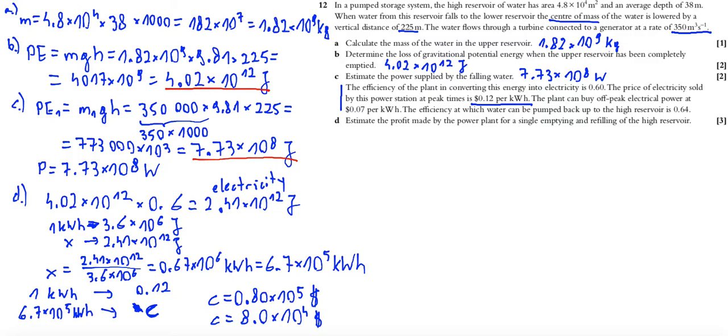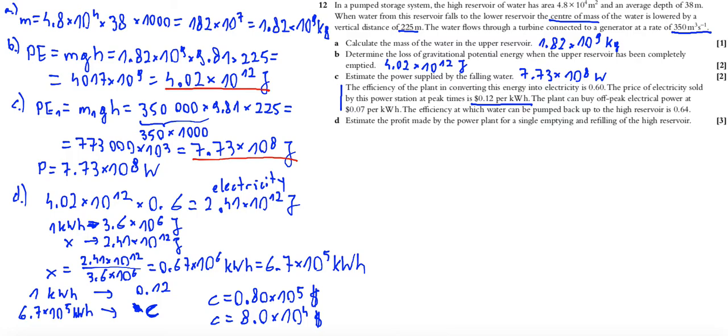So how to do this? We have cost of electricity which is sold to the customers. Water falls, releases energy, and energy is converted into electricity. And the cost of this electricity is $80,000.